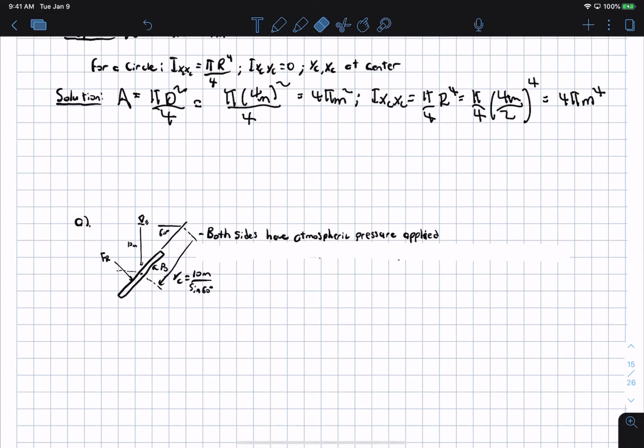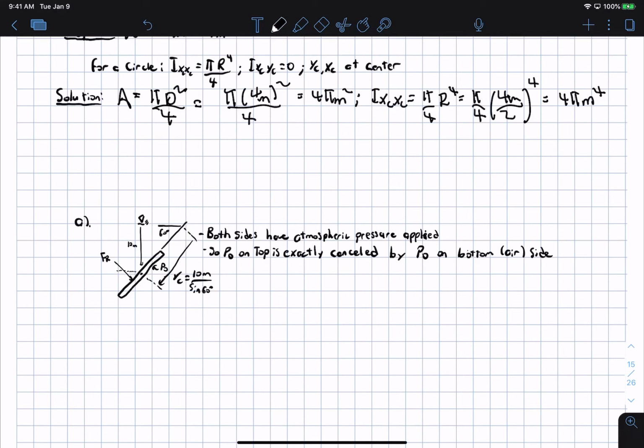So now both sides will have atmospheric pressure applied, and you'll see what I mean when we work off the equation. Okay, so we have the P naught on the top will be exactly canceled by the atmospheric pressure on the bottom side.